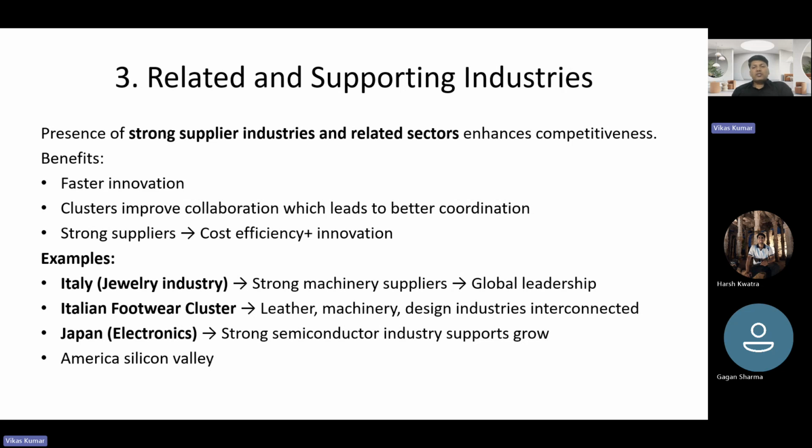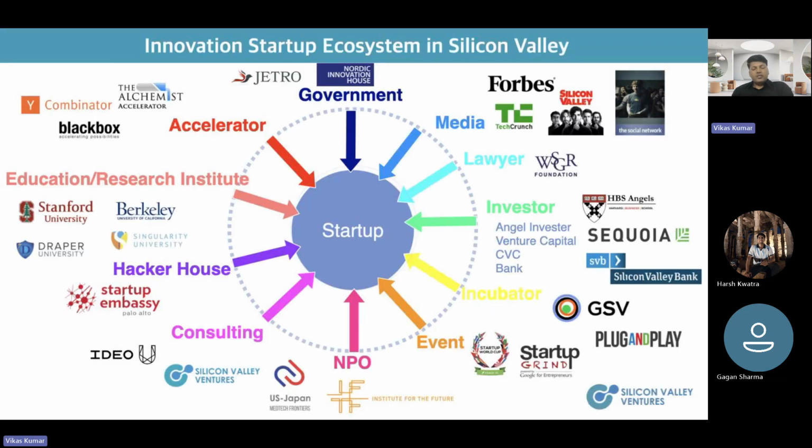Like we discussed Silicon Valley, San Francisco in California, USA. Here you get everything with respect to a startup ecosystem. There is no other city all over the globe comparable with Silicon Valley, San Francisco, when it comes to startups.